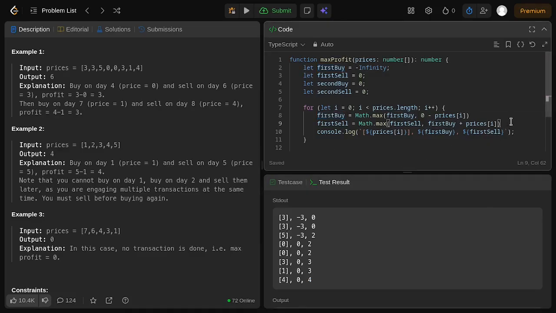And for the next one, to determine the second buy, we need to declare the second buy as -Infinity, just like on the first buy. And we can declare the second buy to match Math.max, whichever has the maximum value, either the second buy itself or the first sell subtracted by the price of the current iteration, just like on the first buy right here.